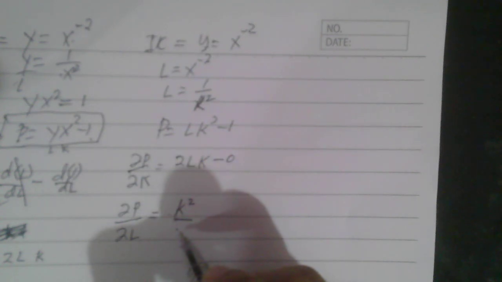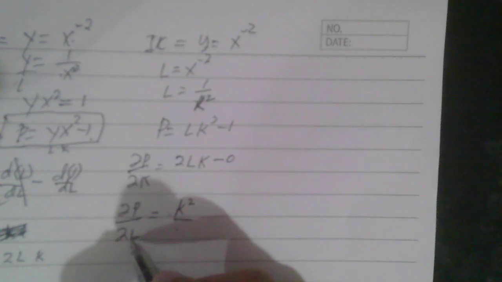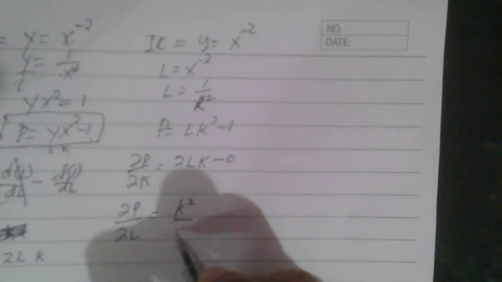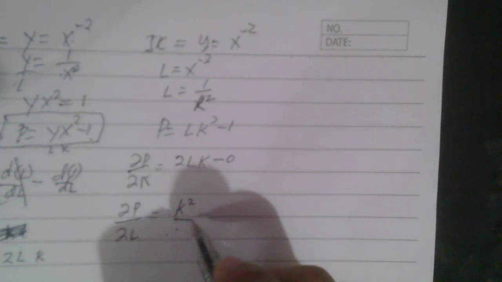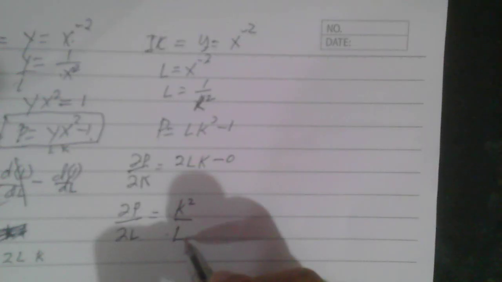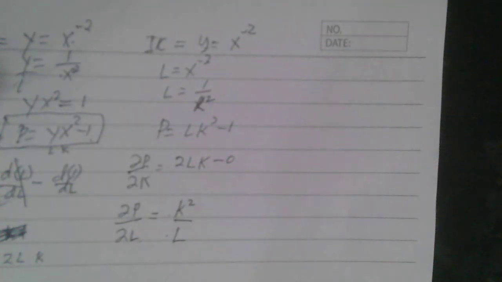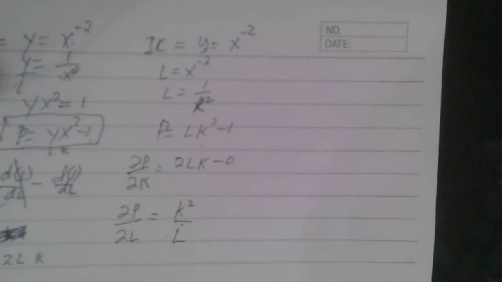With respect to L, K is constant, so you have K square over L. Right? Divide the two: divide 2L K by L over K square.